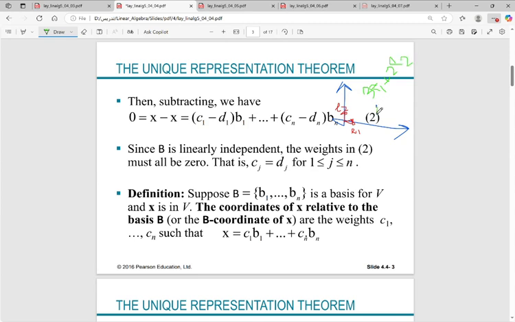Because we have here 3 times E1, and we have this, 2 times E2, right? Okay, so this point equals 3 times E1 plus 2 times E2. And this linear combination for this point in terms of E1 and E2 is unique. You can't find any other linear combination for this point in terms of E1 and E2.